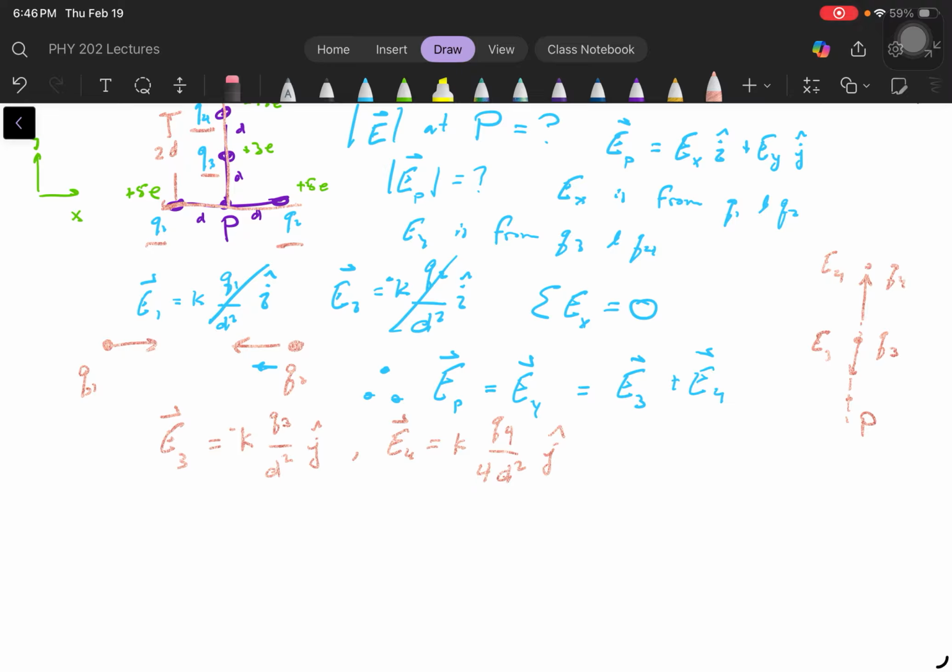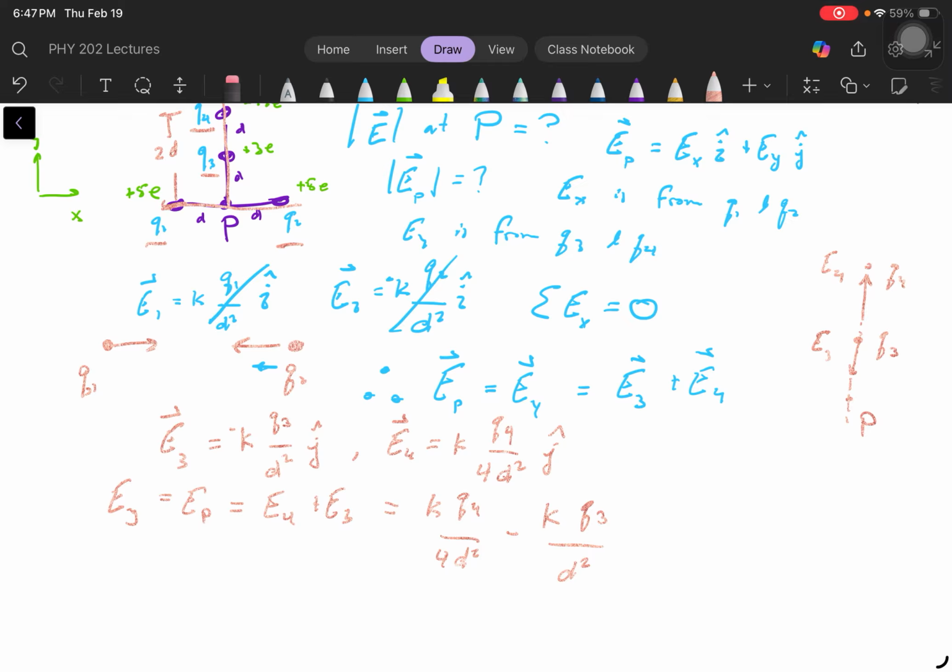And so if we want, we can say E sub y equal E at P is equal to E4 plus E3, so we can kind of subtract in the middle. And so we get K Q4 over 4D squared minus K Q3 over D squared. The other thing to keep in mind here is, since I already figured out the directions of the fields, I don't have to keep the charge as positive or negative.